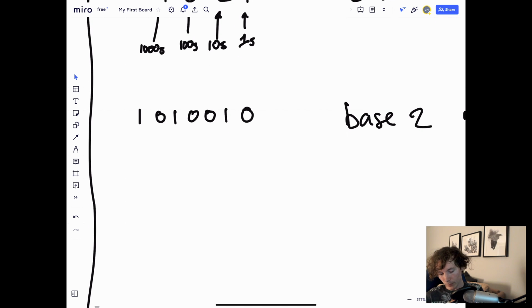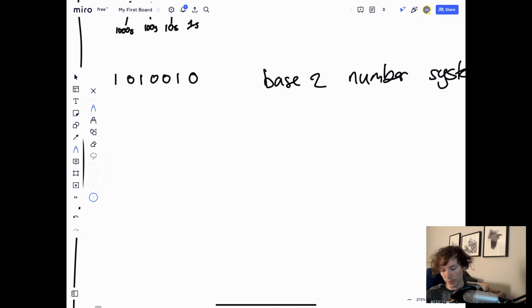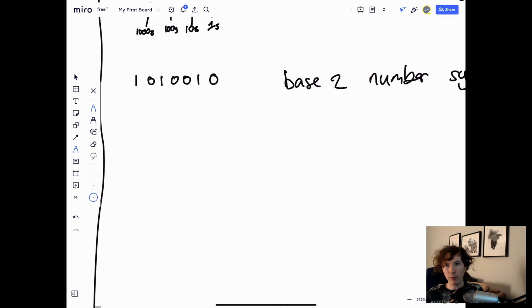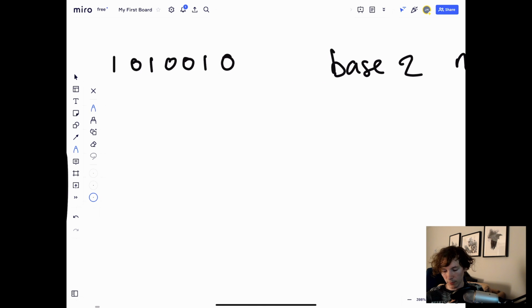Well, it works exactly the same way as in base 10. You take the base, so it's base 2, and every single time you go up a digit, you're just going to multiply by the number 2 again. So it always starts with ones. This is the number of ones.